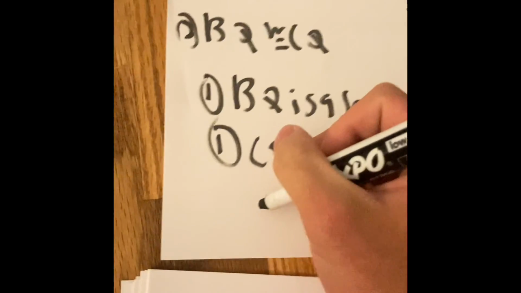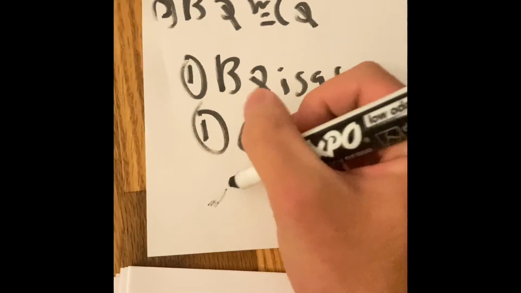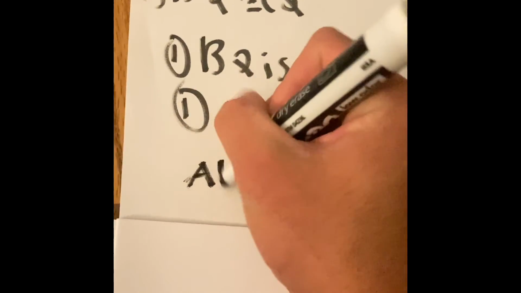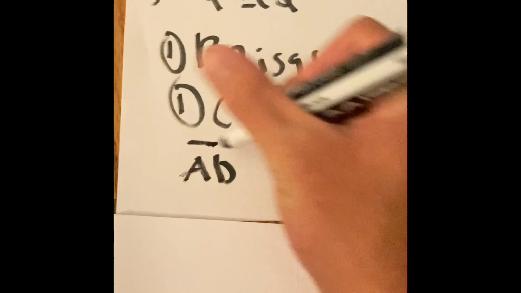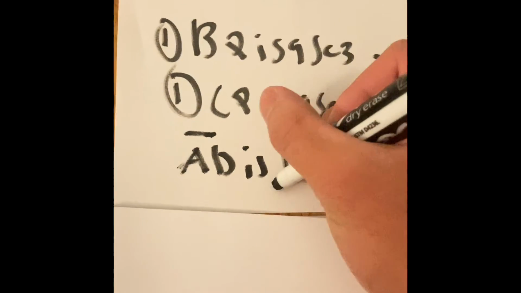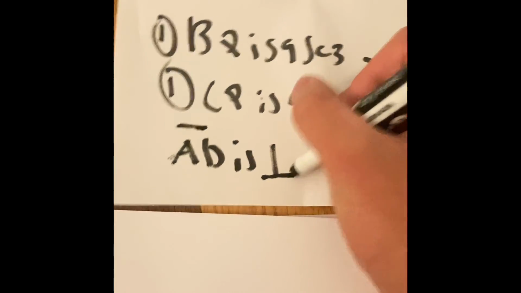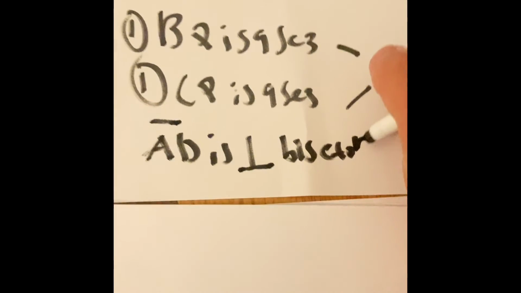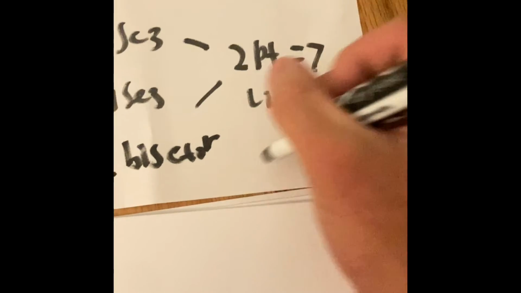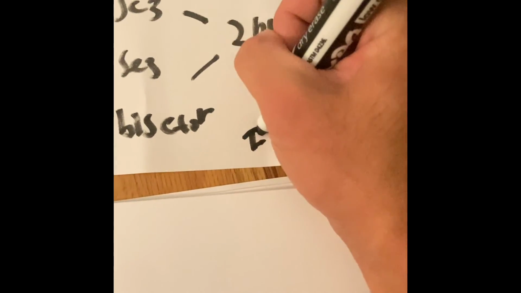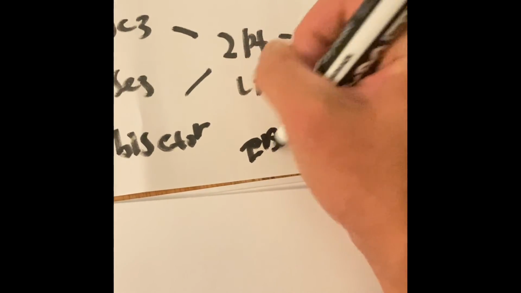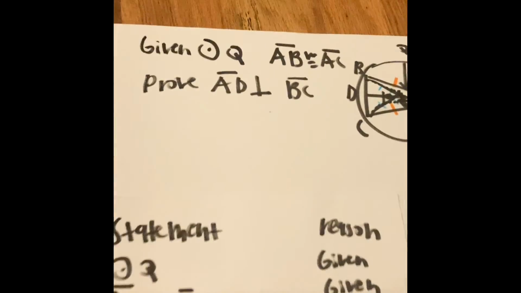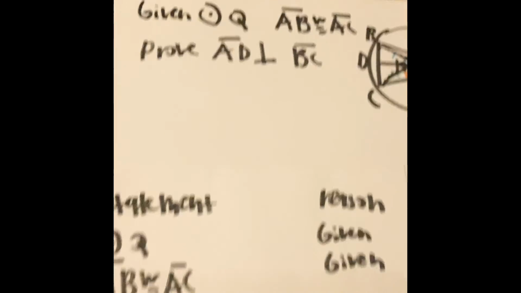We have now proven that segment AD is the perpendicular bisector. The problem said we have to prove that AD is perpendicular to BC.